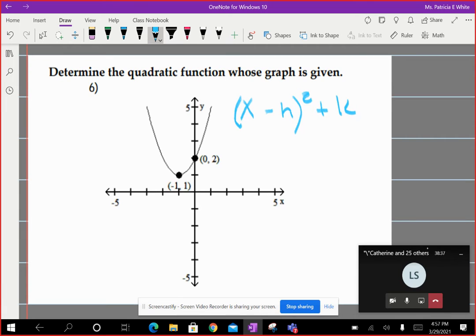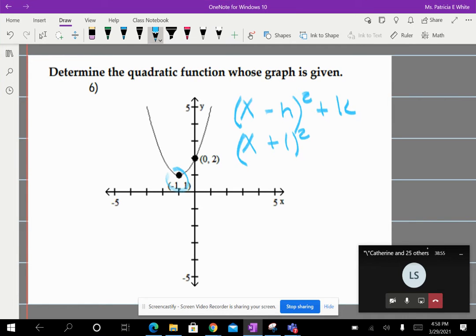So if I know this right here, then I'm going to write what's x minus a negative 1. So that's going to be x plus 1 squared plus 1, right?